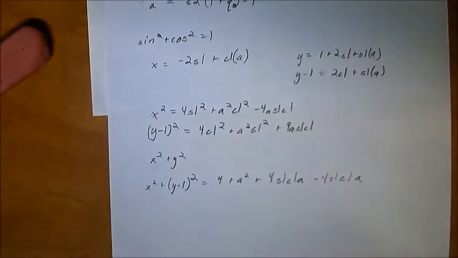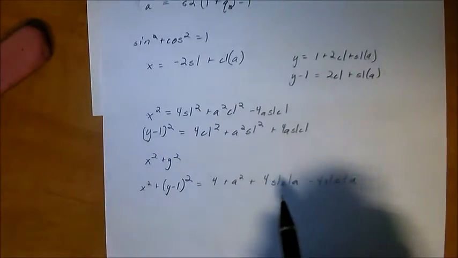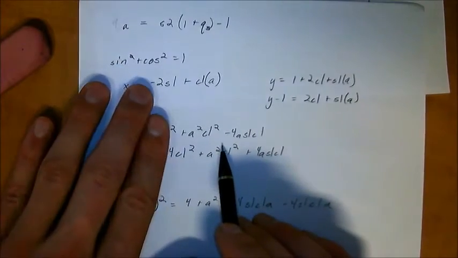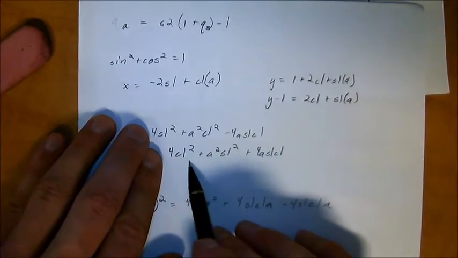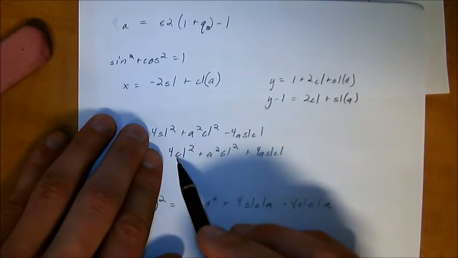Now you may notice I skipped some steps there, but what happened was when you add these two together, you've got a 4 sine q1 squared and a 4 cosine q1 squared right here.